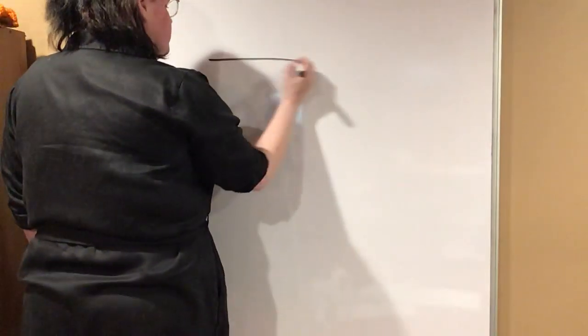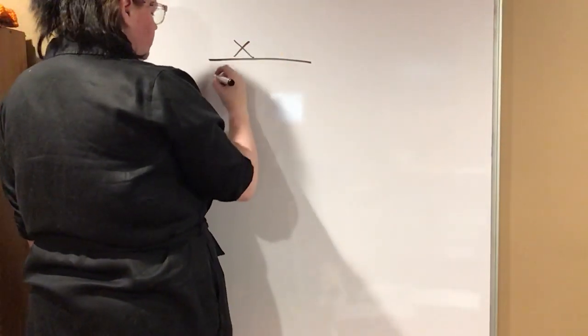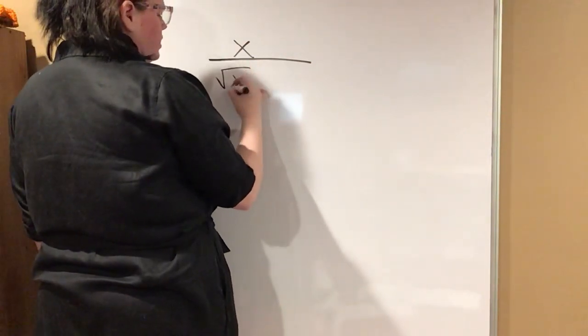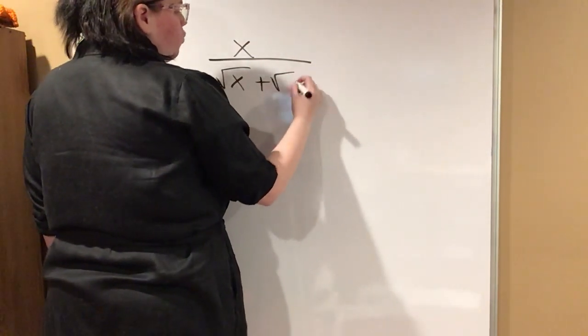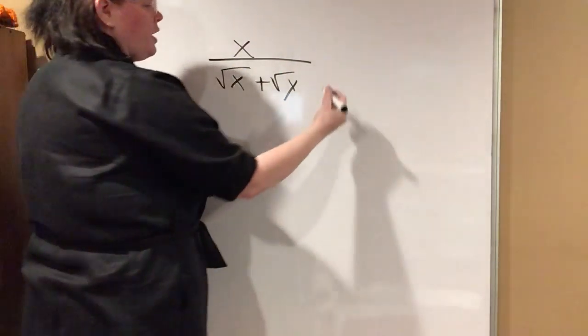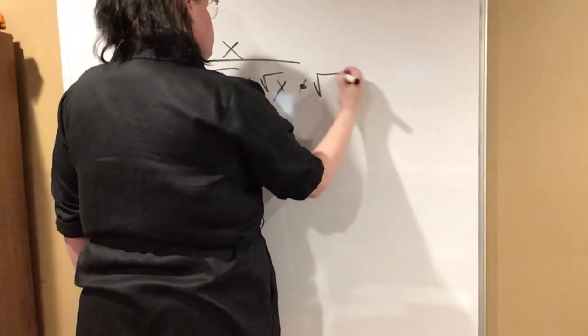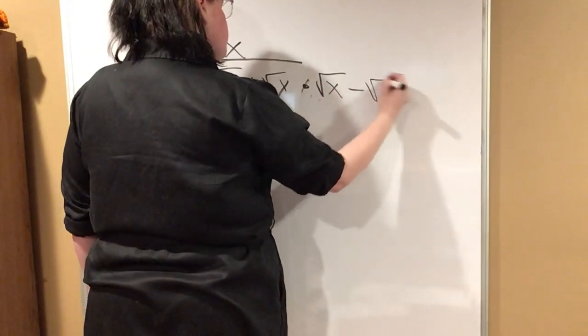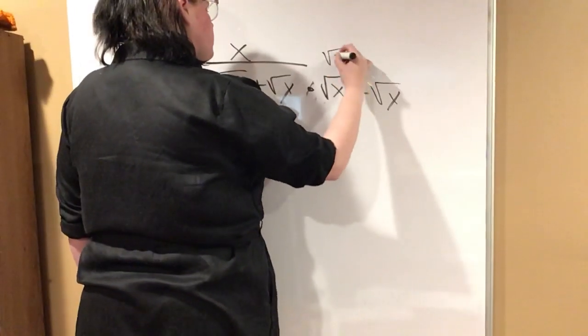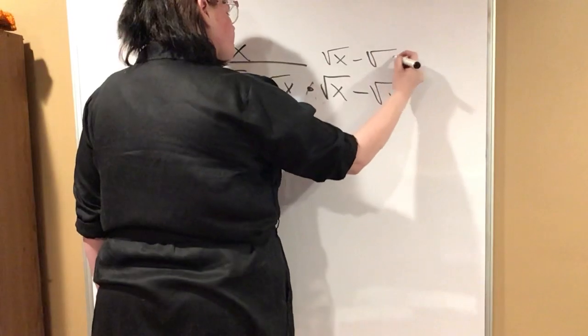So that's how we rationalize denominators, especially ones that have something like that. Make sure if you're given something, I'm just going to do this, and we have the square root of x plus the square root of y, you're going to multiply the top and the bottom by the opposite: square root of x minus the square root of y.